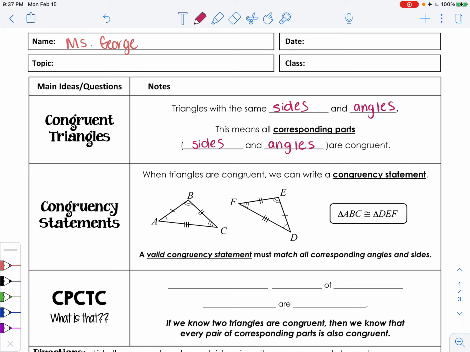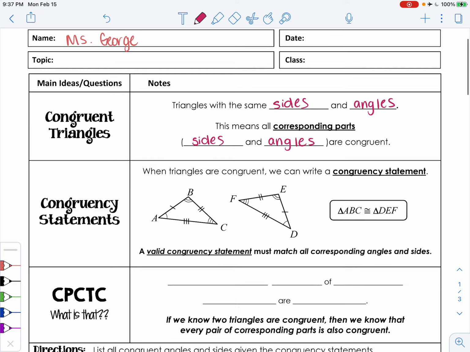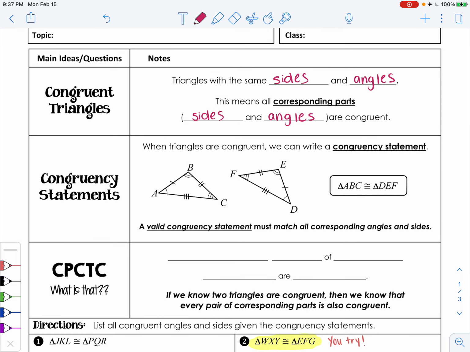It's very similar to how, when we did transformations, there were corresponding parts in the pre-image and image, and remember they were rigid, so the size stayed the same. It's a very similar idea here. But in order to describe which parts are corresponding, now we're going to write congruency statements.